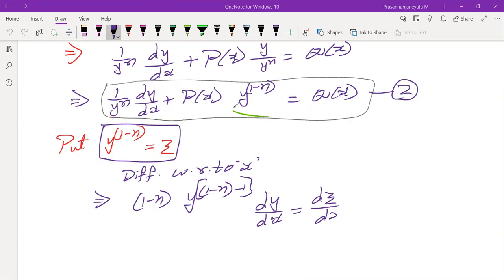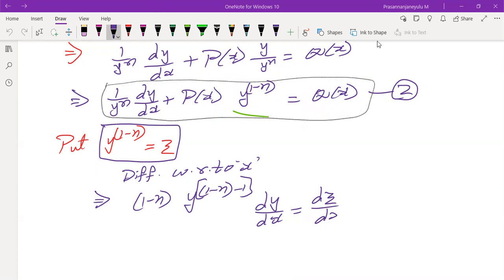Now if we observe, this is dy by dx plus p of x into y is equal to q of x. All is similar, but in place of y power 1, we are having here y power 1 minus n.